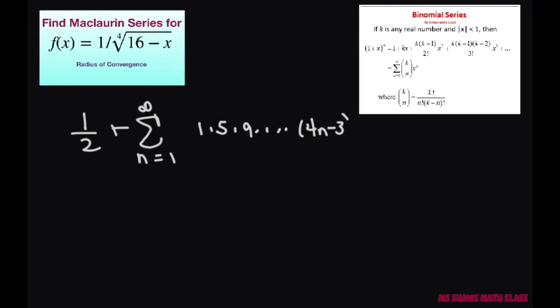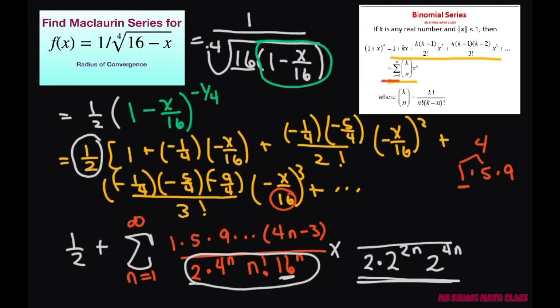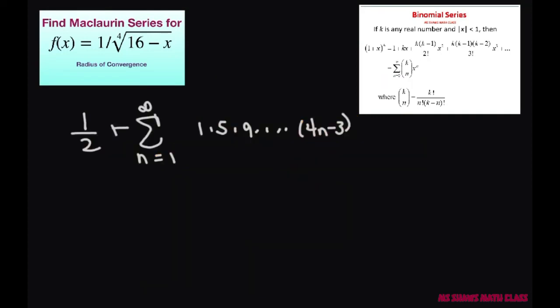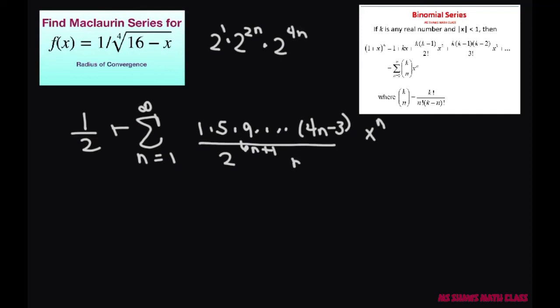That stays the same. Oh, I forgot to put x to the nth here. x to the nth, sorry. We have x to the nth power divided by, and what we had before was 2 times 2 to the 2nth power times 2 to the 4th nth power. So that's going to give me 2 to the 6n plus 1, because that's a 1 there, times my n factorial.